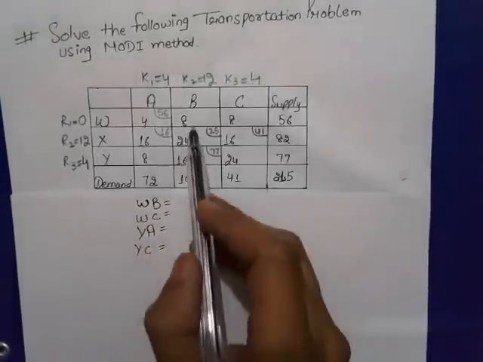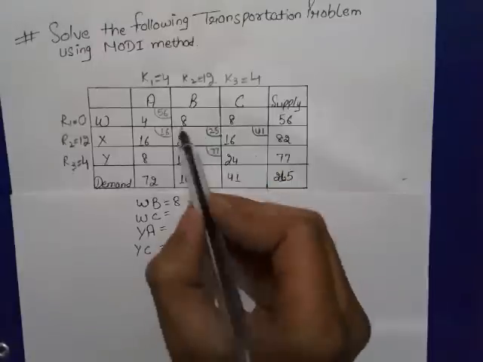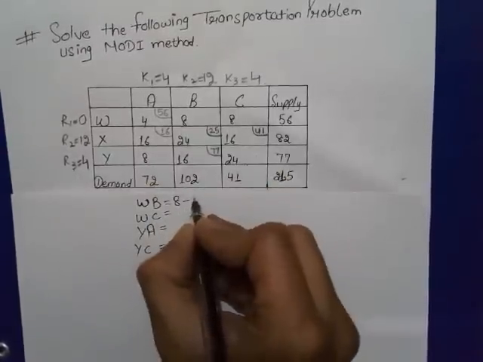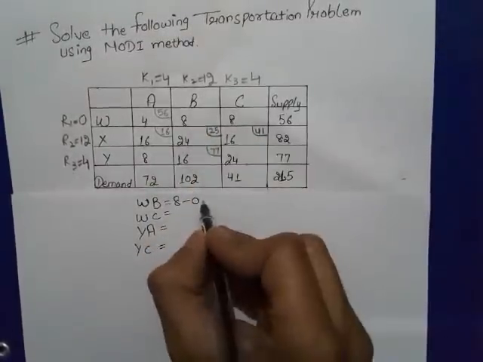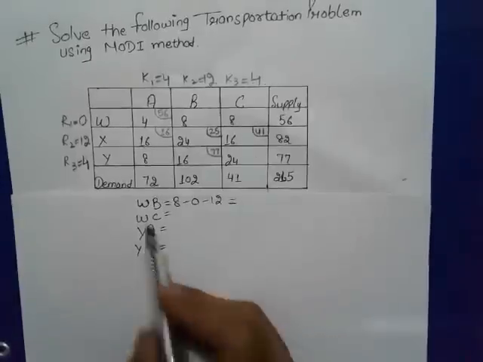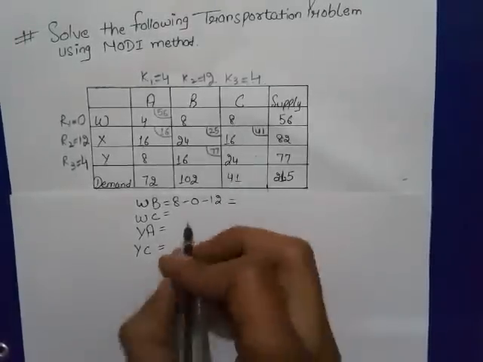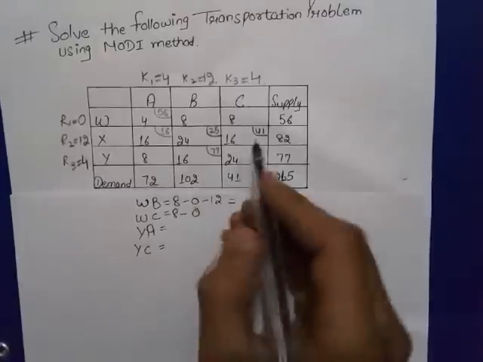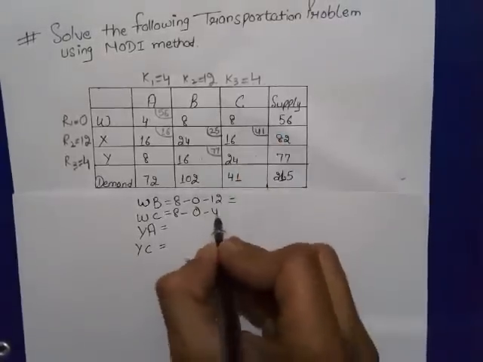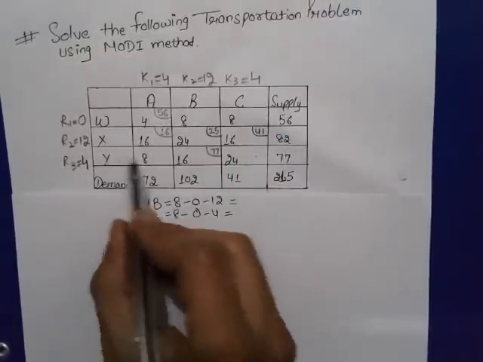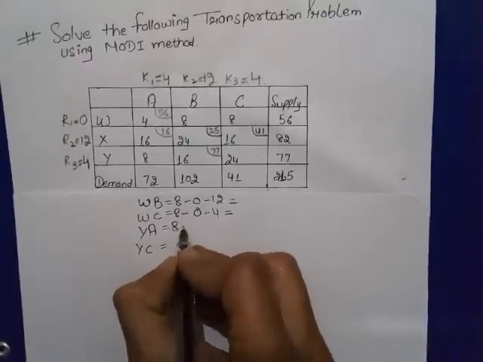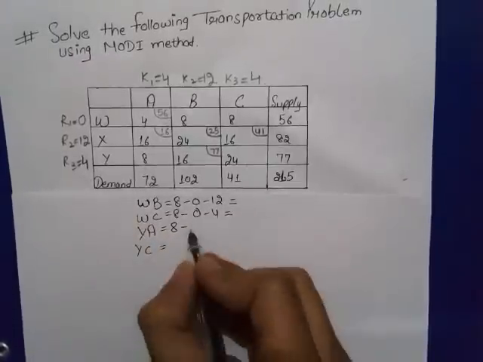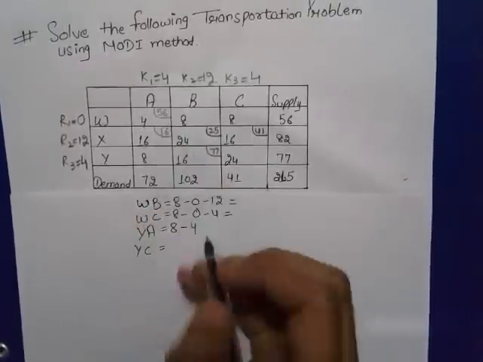The value of WB is 8 minus 0 minus 12. WC is 8 minus 0 minus 4. YA is 8 minus 4 minus 4.